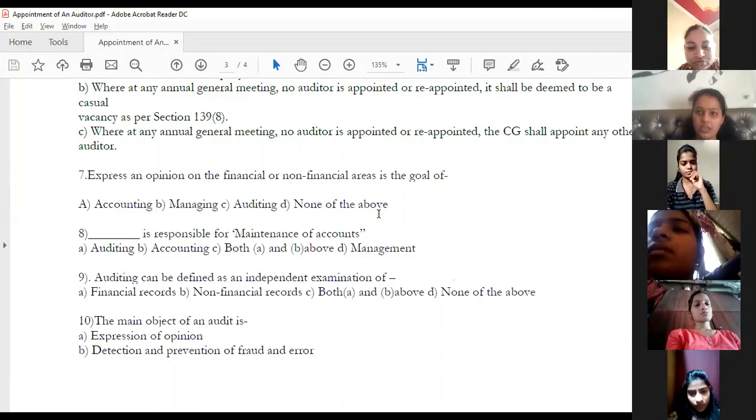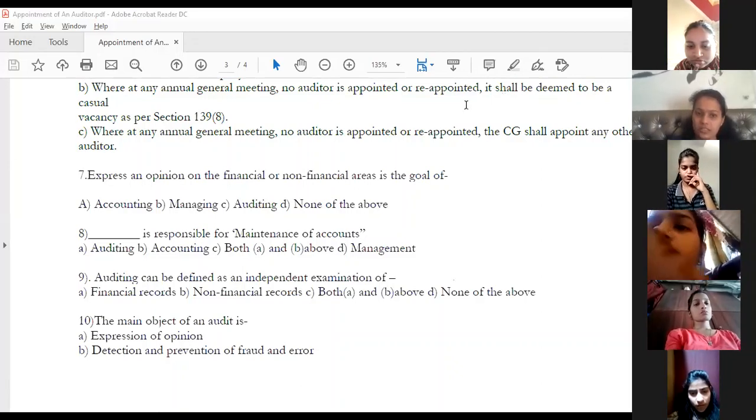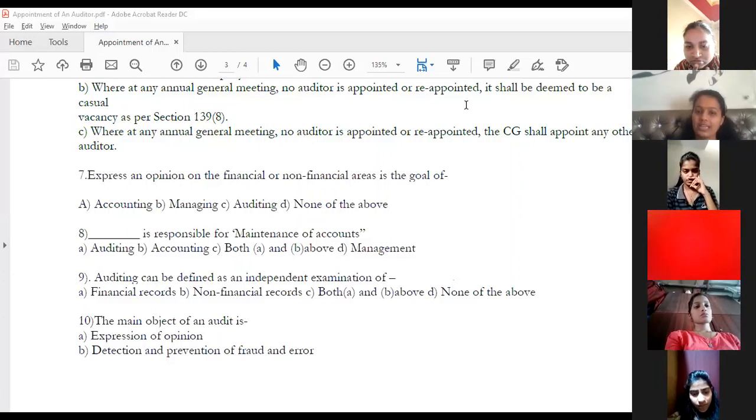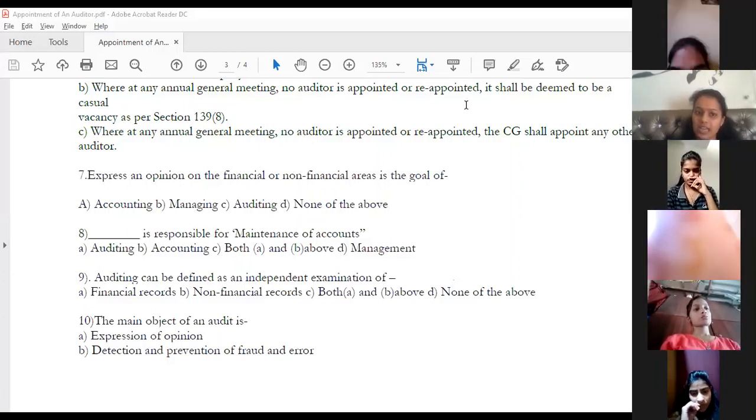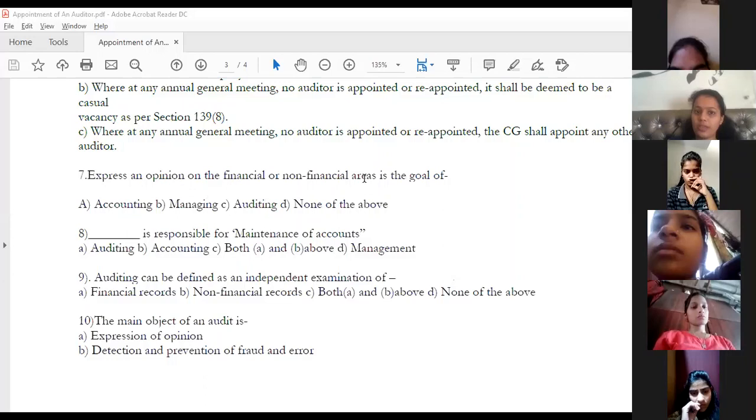Come on, it's very easy. Most of you have said C. Yes, the answer is correct. Auditing states that it will express an opinion on financial and non-financial areas.